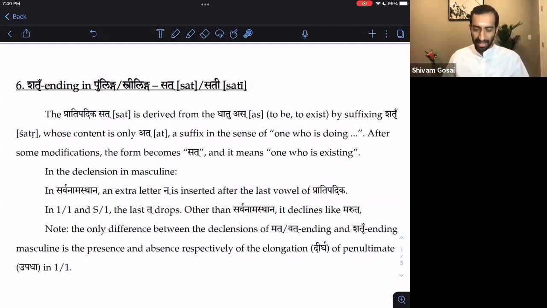So what I mean here, when I make the word sat, we can't say to do being, or one who is doing being. We just say one who is be and then ing, being. Right? One who is existing. So it gives that sense of one who is doing something. So now that it refers to a person, it refers to an entity. It becomes a noun.